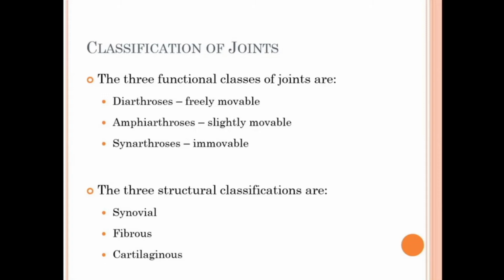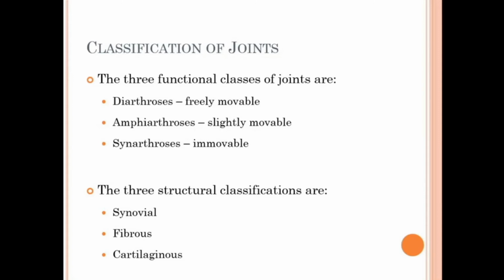The second is the type of the structure of the joint. If it has fluid-filled joints, they are called synovial joints. If they have fibrous fusion of the bones, or fibrous joints of two different bones like a stitching together, they are called fibrous joints.